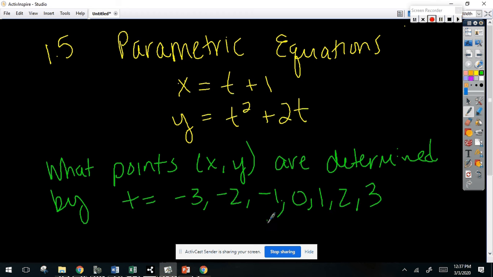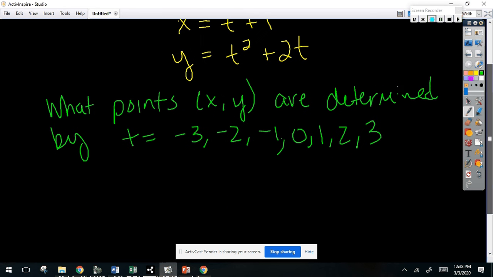All right, so let's think about it for just a minute. The only thing this is doing is giving me an equation to find the x coordinate, and an equation to find the y coordinate. Okay? So you're going to plug these t values in to find the x and the y. I think it's probably easiest if we do a chart.